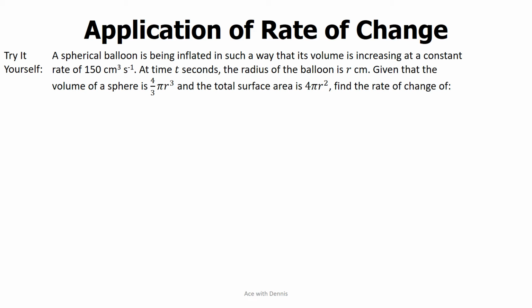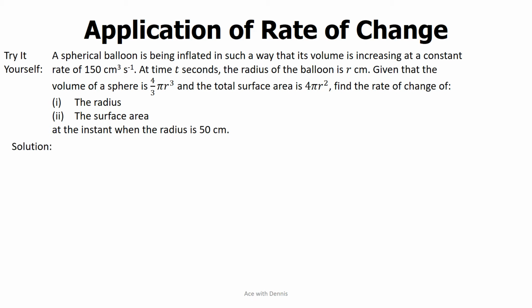Given that the volume of a sphere is 4/3 pi r cubed and the total surface area is 4 pi r squared, find the rate of change of the radius and the surface area at the instant where the radius is 50 cm. You can pause the video and try to solve it yourself.